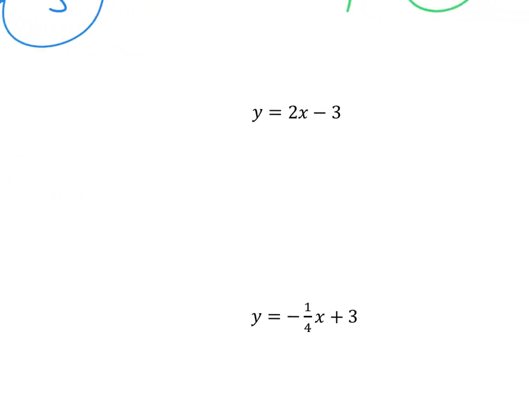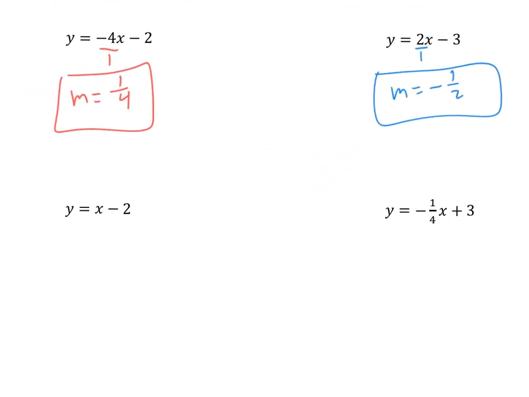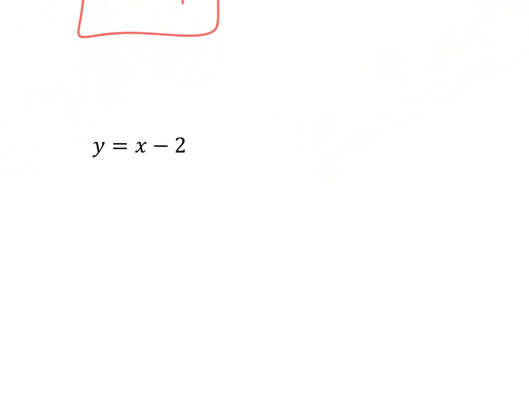In this same one, we have to put a 1 underneath it. This one's positive, so we're going to have a negative slope, and it'll be -1/2. Let's look at this one. Our slope here, well, we have this invisible 1 in front of our x, and that's really 1/1.